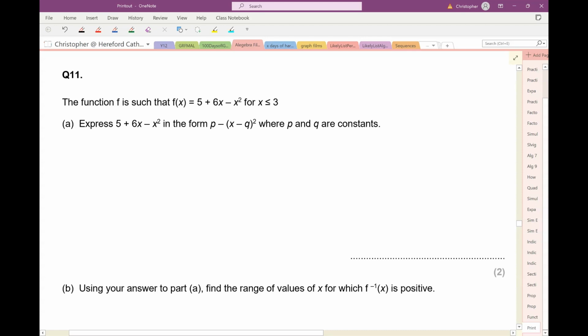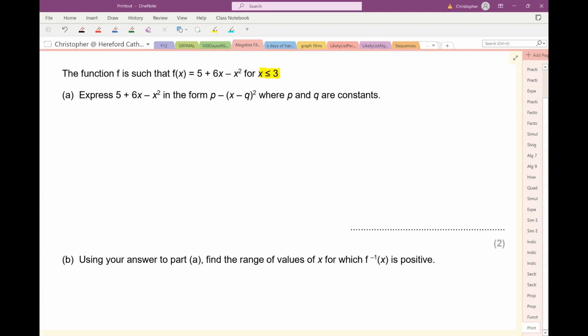Right, question 11. Now we've got a function, f of x, which is defined for us there, and we're told that x must be less than or equal to 3, which will probably be important to remember later. Now, we're being asked here to complete the square, aren't we, on this expression here: 5 plus 6x minus x squared.